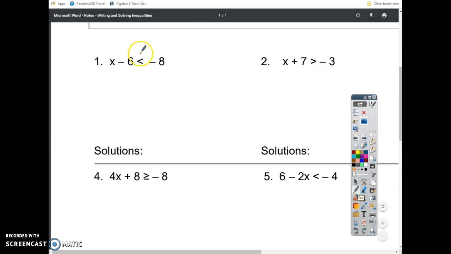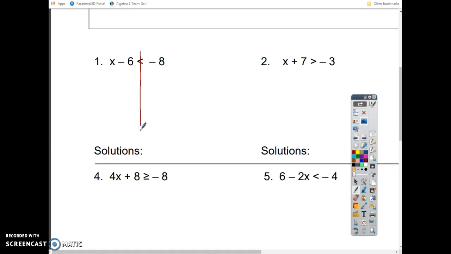I would draw the line just like it was an equal sign. Same thing, okay? You still follow the steps. You still look for distributing, combining like terms, moving the smallest variable, and see do. And in this case, the only thing that we have to do is move this -6 to the other side.